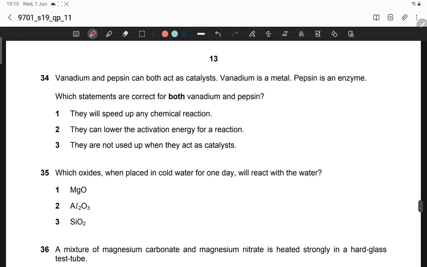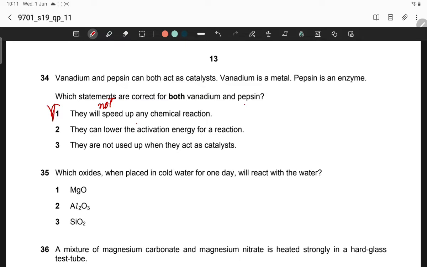Vanadium and pepsin can both act as a catalyst. Vanadium is a metal, pepsin is an enzyme. Which statements are correct for both vanadium and pepsin? They will speed up any chemical reaction. They will not speed up any chemical reaction because enzymes and catalysts are very specific in nature.